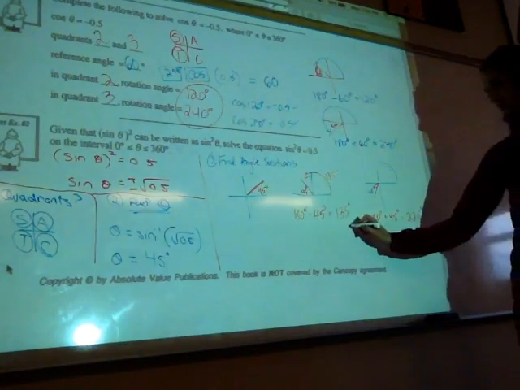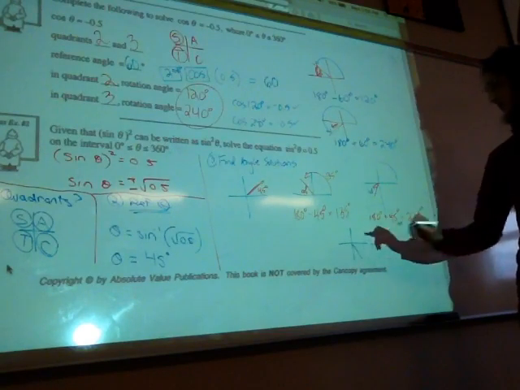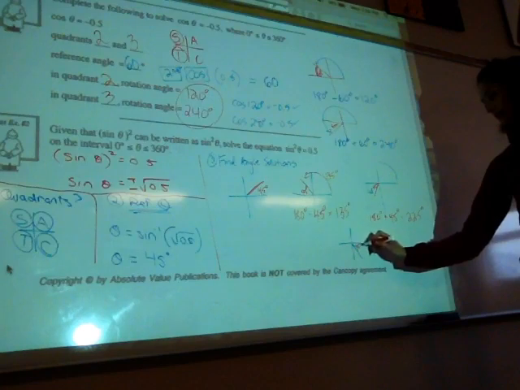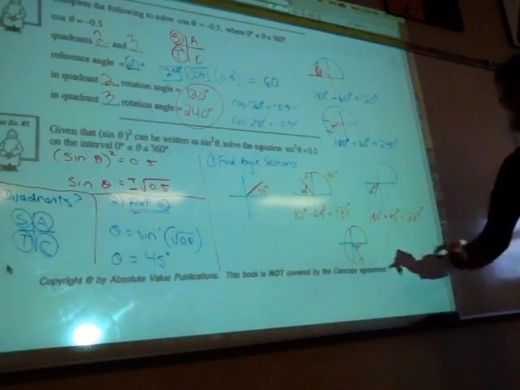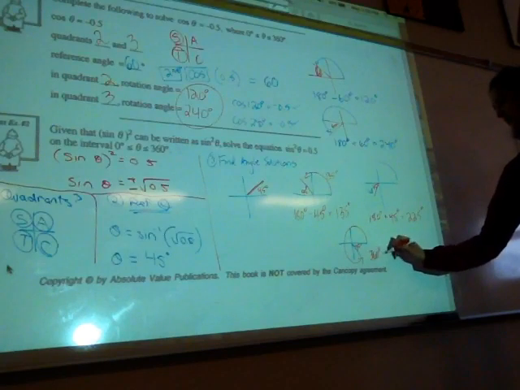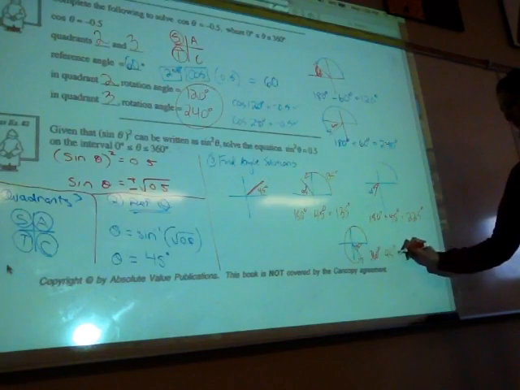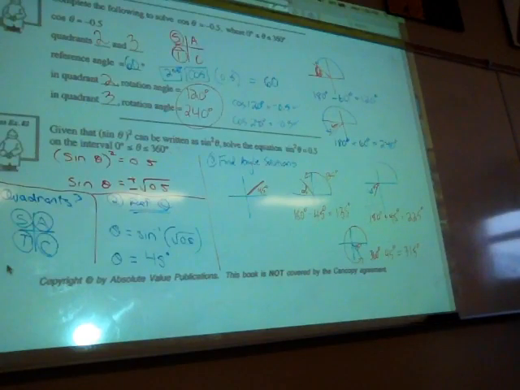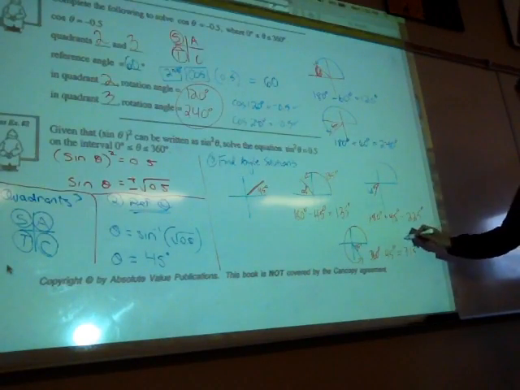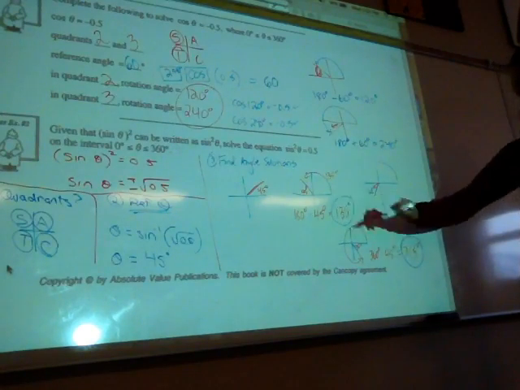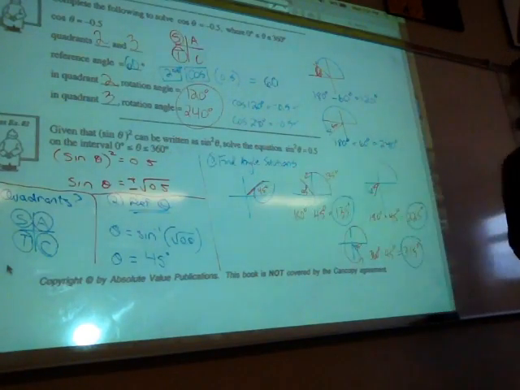And lastly, in quadrant 4, reference angle 45, we're trying to figure out what is that rotation angle. So we're going to go 360 degrees minus 45 degrees, and we get 315 degrees. So our solutions are 315 degrees, 225 degrees, 135 degrees, and 45 degrees.